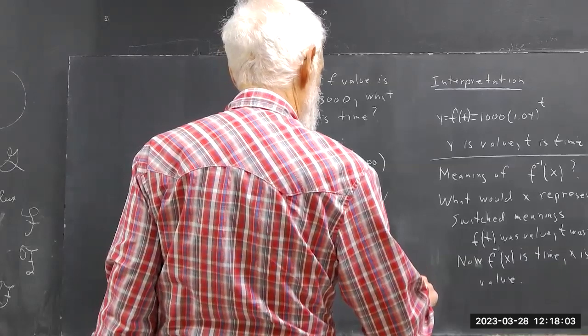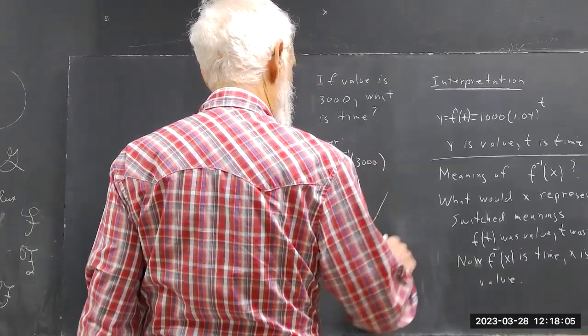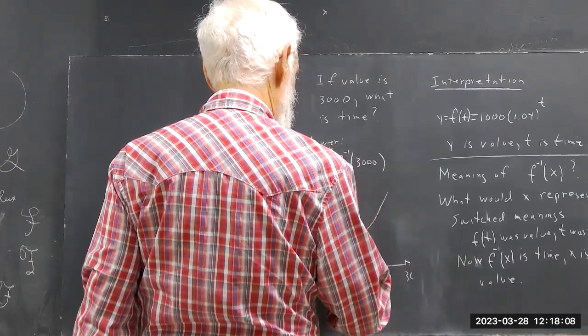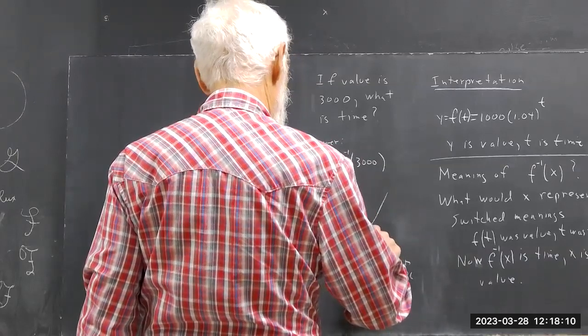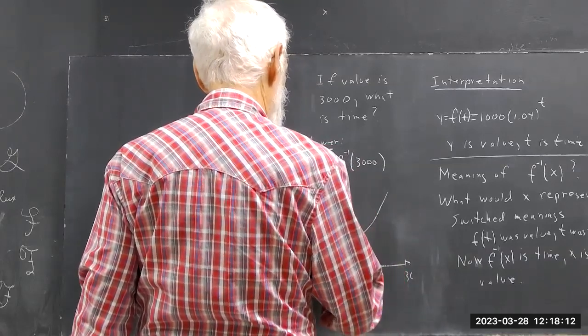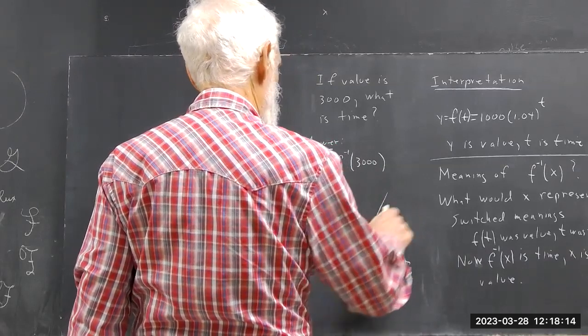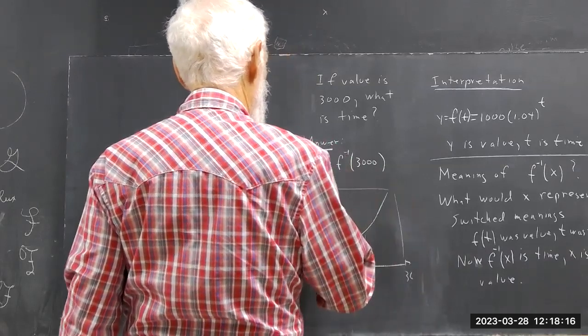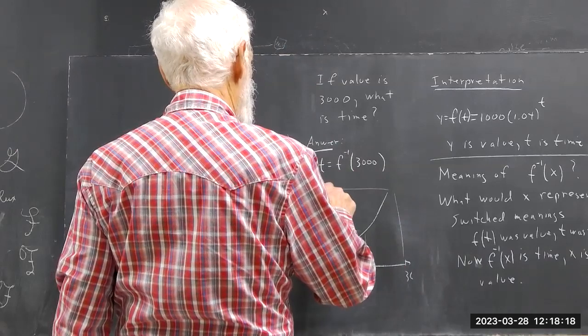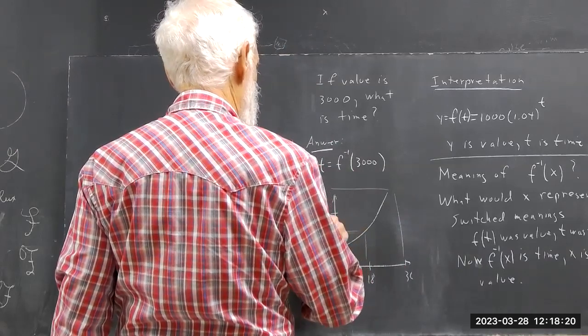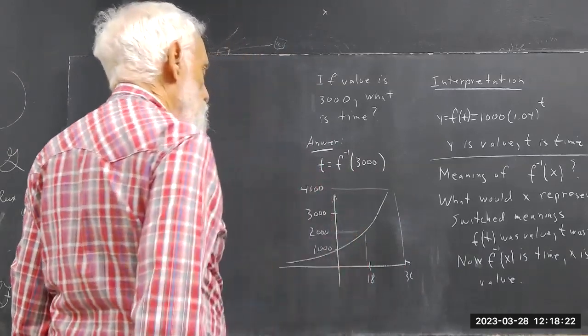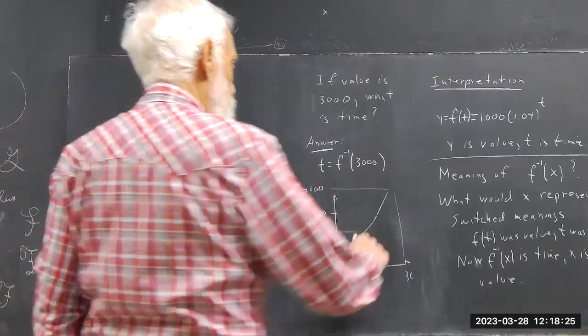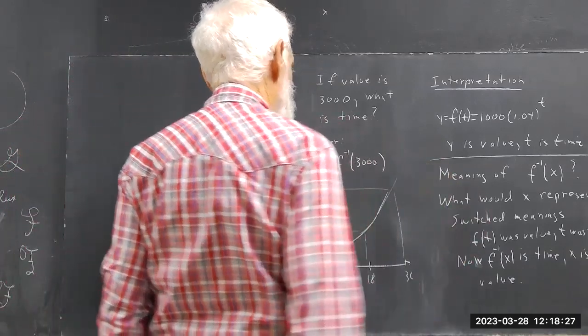It had 1836. So we could construct an approximate graph that indicates what we're up to.